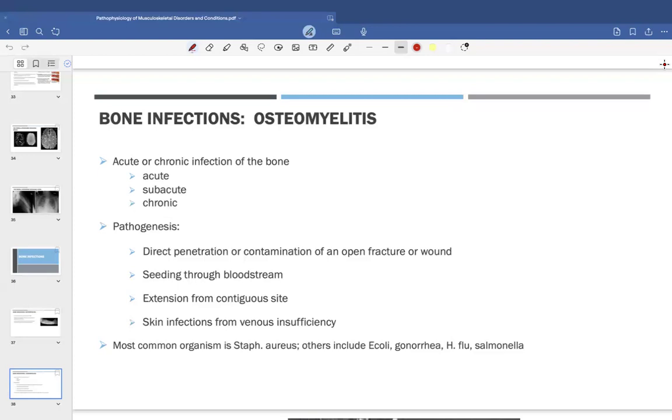She had to have all this dental work done because she had an indolent dental abscess that they had to do a root canal for, and treat, before they would even do the shoulder replacement. Because the mouth organisms commonly get into the bloodstream and cause these more indolent types of chronic osteomyelitis.